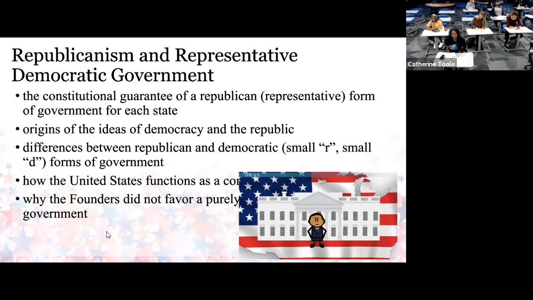Why did the founders not want a purely democratic form of government? If you read Alexander Hamilton, he wrote 2 or 3 of the Federalist Papers. He not only didn't trust the monarch, he didn't trust human nature. He was afraid that if you let every person individually vote, you would have mob mentality, and he didn't want that either.